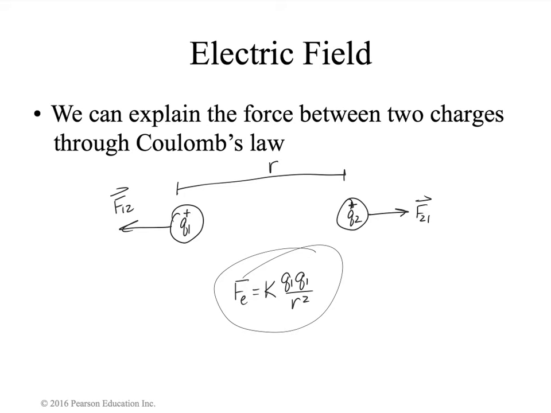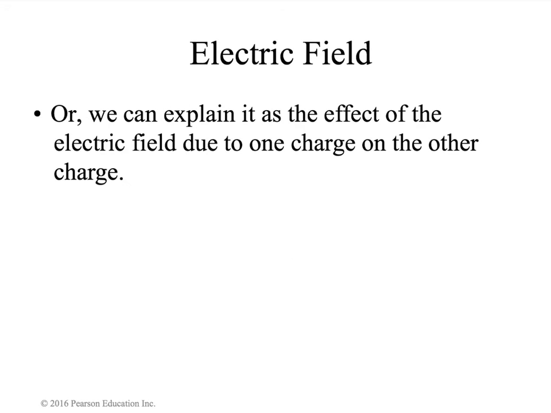So there's going to be another way to explain this: as the effect of the electric field that is due to one charge. A charge will create an electric field near it, and when another charge enters into it, it feels a force.